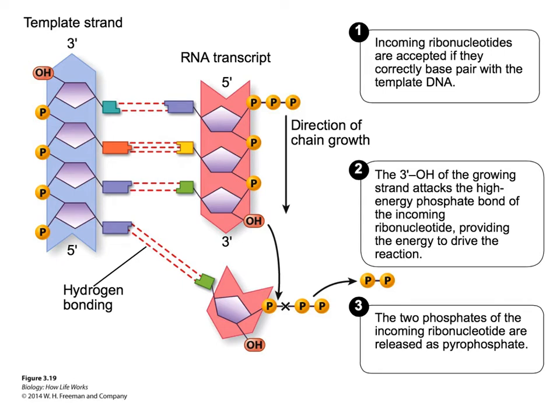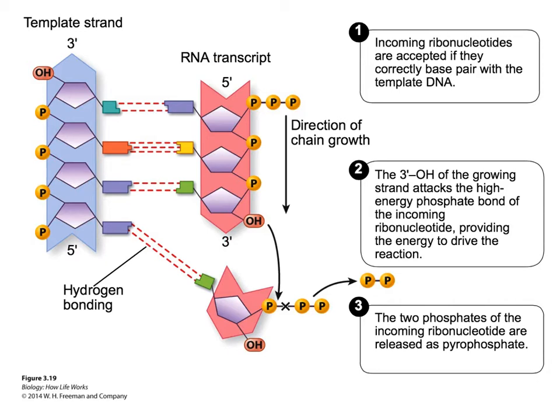So let's look a little bit more closely. Here's my template strand, 3', 5'. My RNA transcript, 5 to 3. So we're building this thing, we're adding on here, we're reading this in this direction, okay? Now, we're using complementary base pairing. So that's what's being shown here. And what we're doing is we're adding a nucleoside triphosphate.